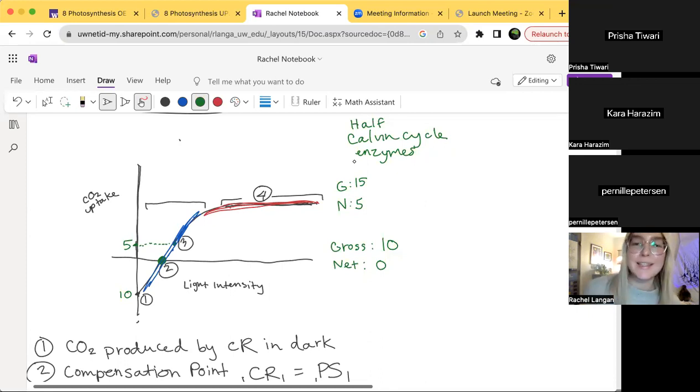So for people who don't know, the question says, how would this graph change if you halved the number of Calvin cycle enzymes?